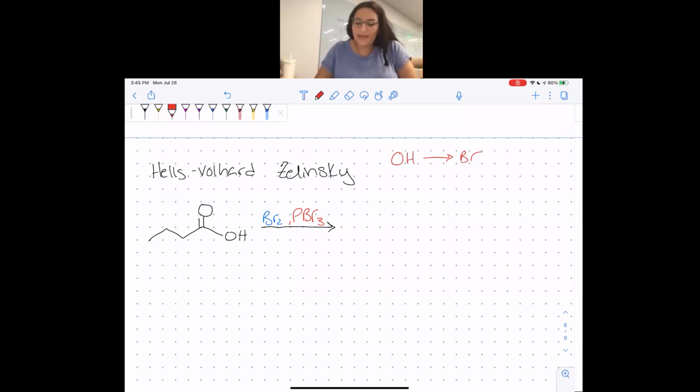And as you guys said, it turns carboxylic acids into acid halides. So that's step number 1. And cool, now we have an acid halide. That's fun and dandy, right? What does Br2 do in this chapter? What happens when we have Br2?